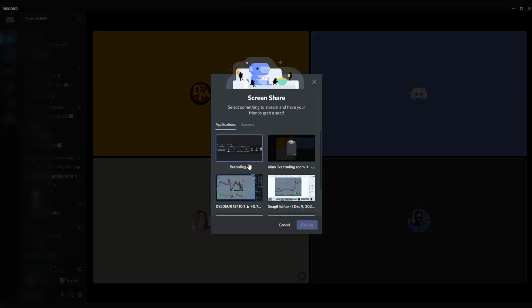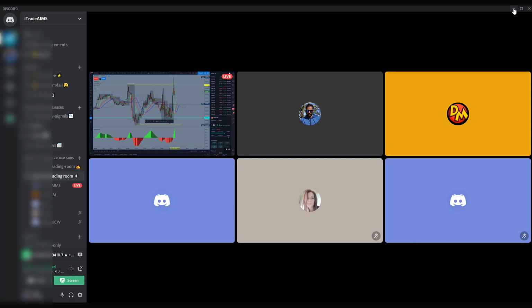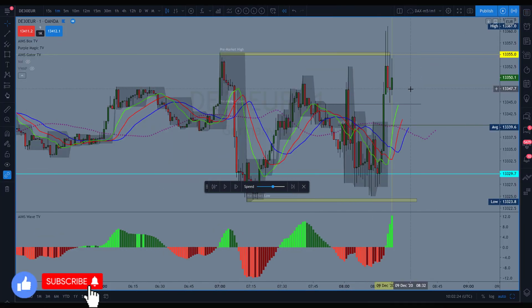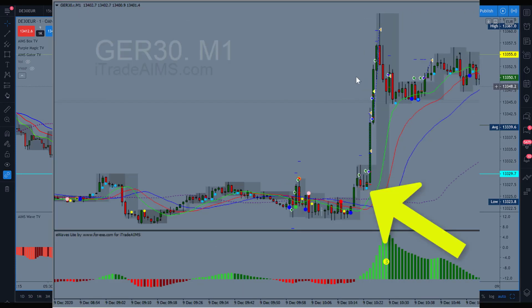Let me share my screen. Yep, I can see it. Brilliant. So I've set it up, and this is basically set up to that point where we had the hunt signal.